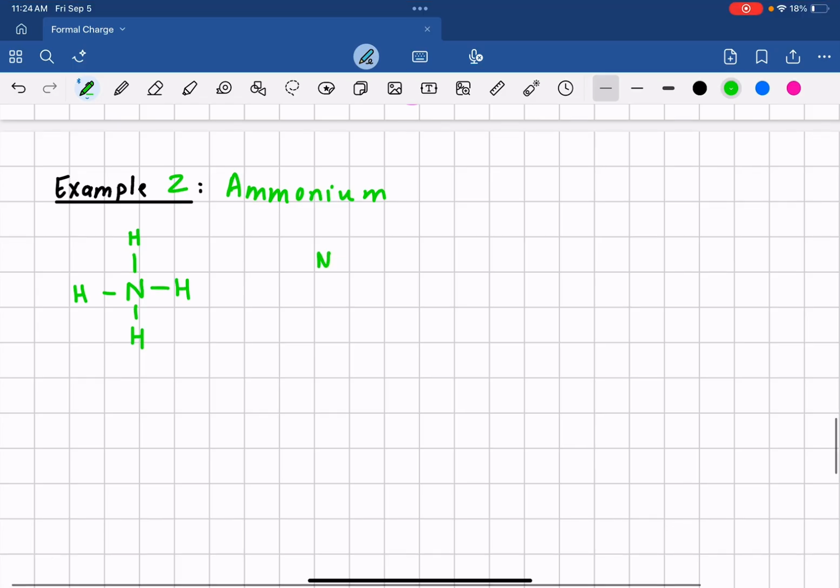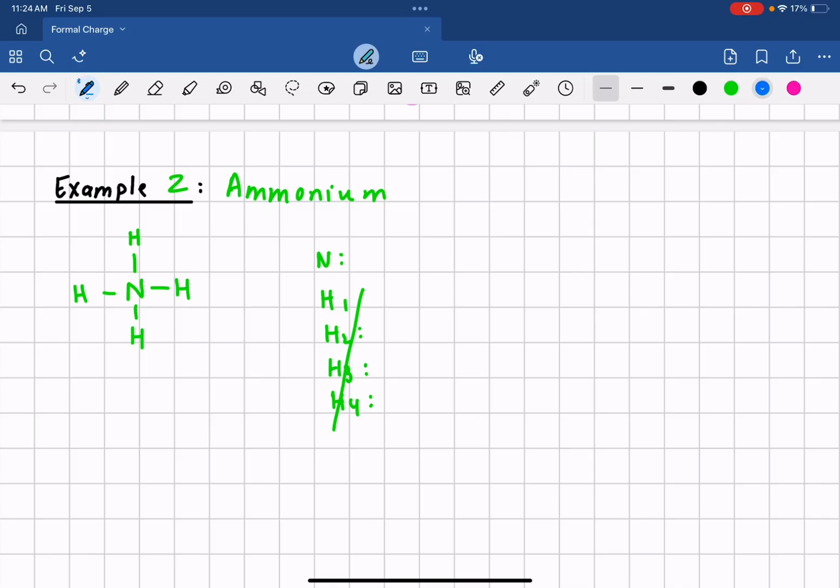Nitrogen, let's calculate its formal charge. For hydrogen 1, hydrogen 2, hydrogen 3, and hydrogen 4, we don't really have to calculate the hydrogens. Instead, let's calculate only nitrogen. Let's see if it actually has a charge on itself.